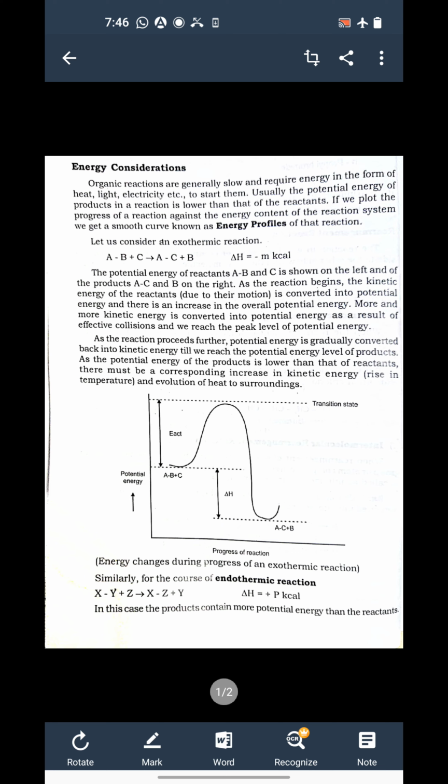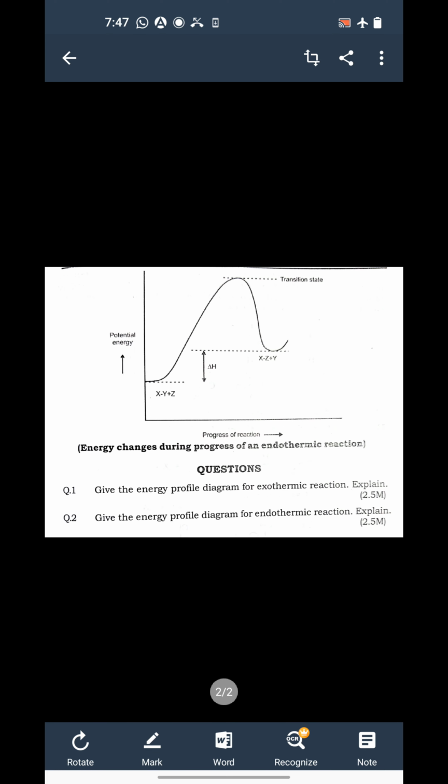Now what will be the potential energy diagram for this endothermic reaction? Again, see, this is the energy profile diagram for an endothermic reaction. Our reactants are XY, which react with Z. You can see the potential energy is less here for the reactant.